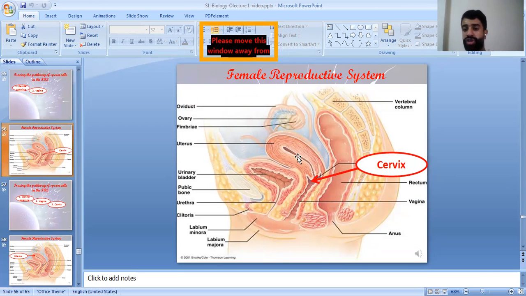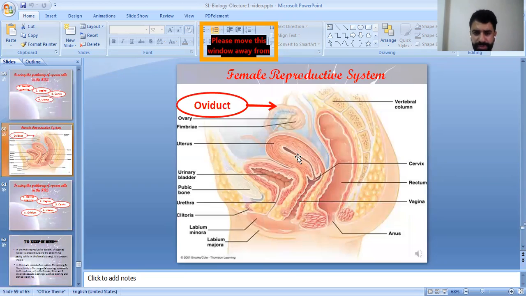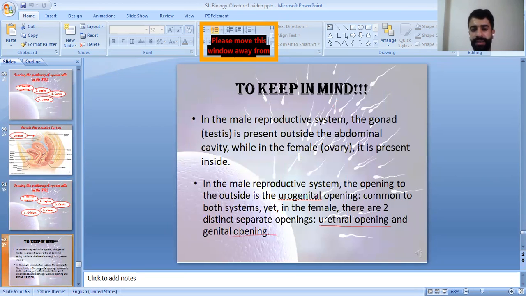And then it reaches the cervix, عنق الرحم, the start of the uterus. And then we move to the uterus, to the oviduct, and here the pathway is completed.